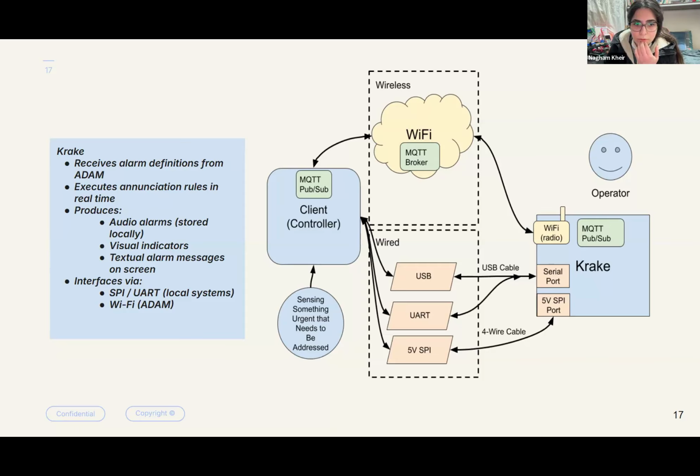By delivering standardized audio, visual, and textual annunciation independent of the primary control system interface, Krake ensures that alarms remain perceptible, prioritized, and actionable under all operating conditions. So I'm ready to move to the next slide.